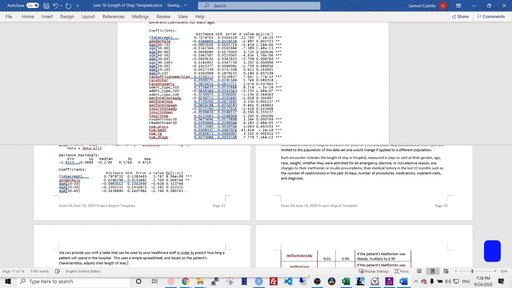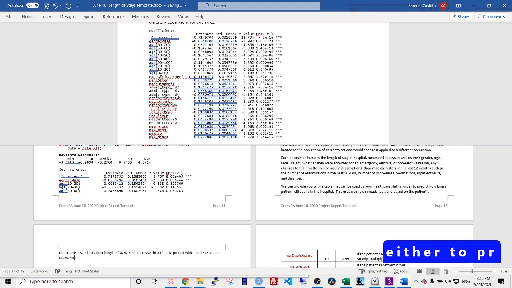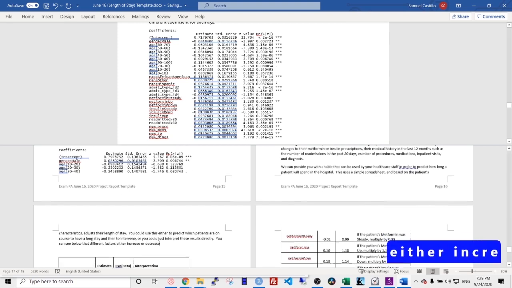So you could use this either to predict which patients are on track or on course to have a long stay and then to intervene, or you could just interpret these results directly. So you can see below that different factors either increase or decrease length of stay.